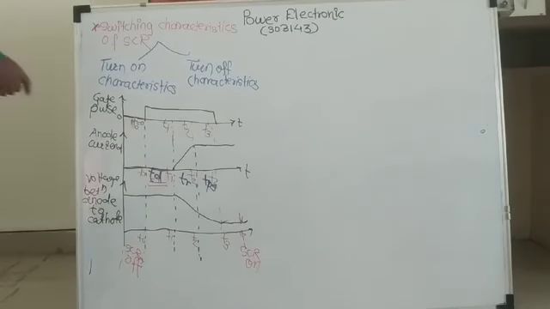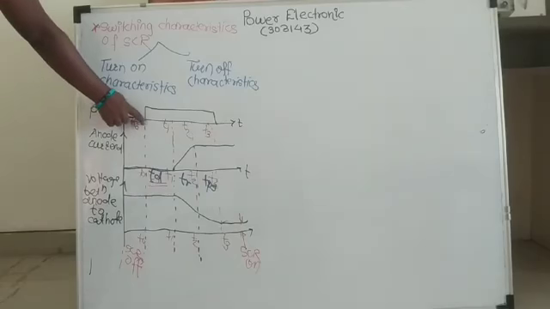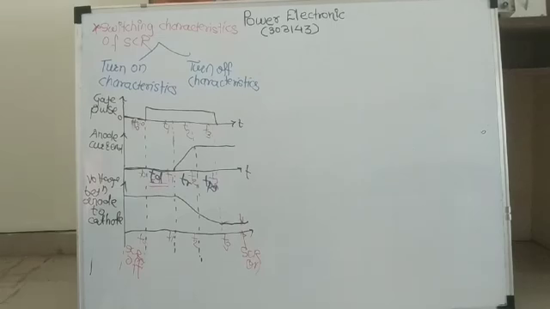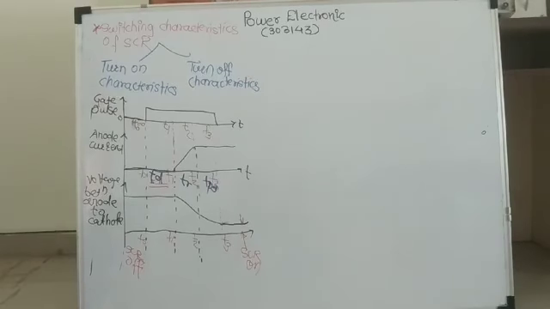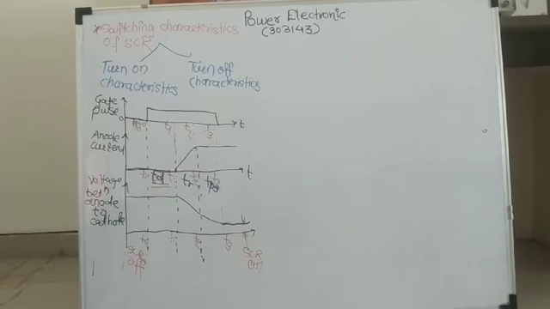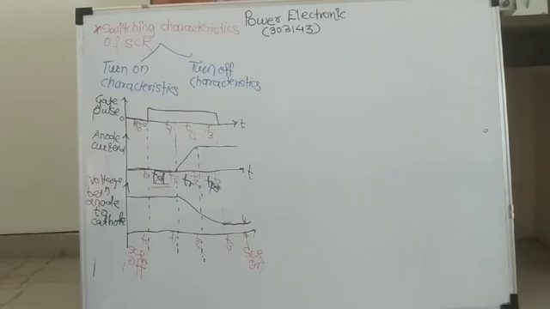Now see here, this gate pulse starts from this timing called t is equal to 0. At this time gate pulse starts. Now when we apply the gate pulse, it should have a specific magnitude and a specific duration, because to start the SCR we need the gate pulse to have a specific magnitude as well as duration.